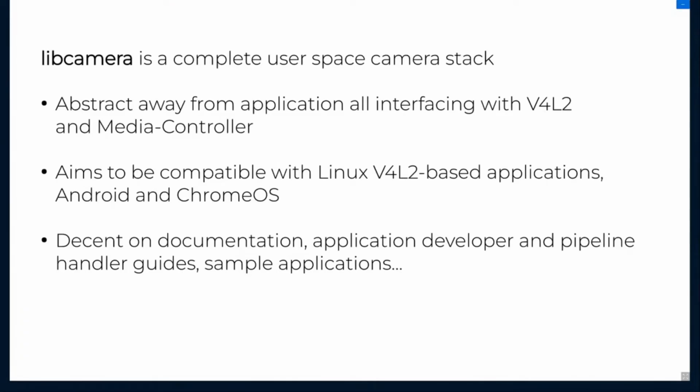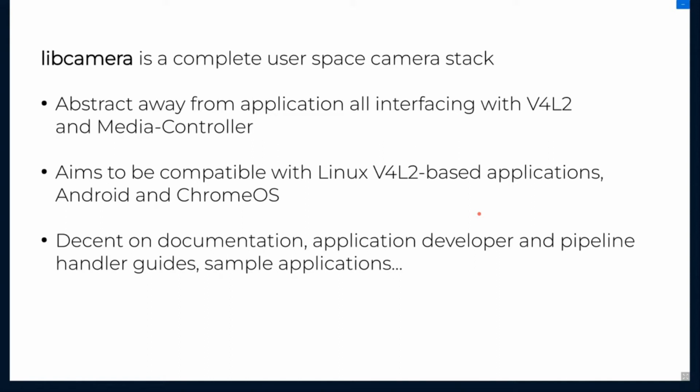So let's get into that. Libcamera is a complete user space camera stack. It abstracts away all the complexities we discussed: V4L2, media controller, hardware topology, everything. It aims to be compatible with already written media applications, V4L2 based applications, and to provide a layer so that it can be used on Android and ChromeOS.